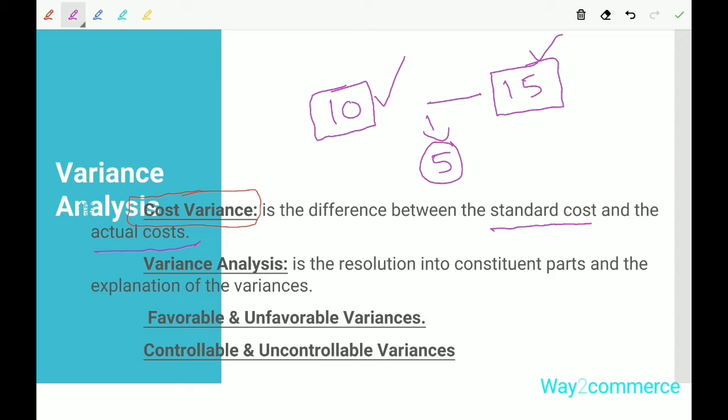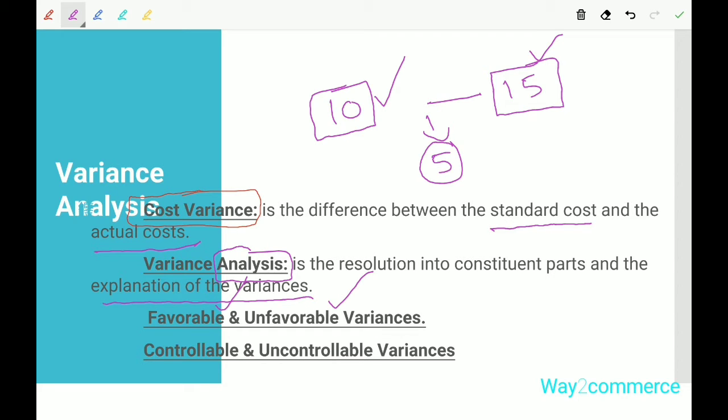Next, variance analysis. Why the variance occurred? It is the analysis. Variance analysis is the resolution into constituent parts and the explanation of the variances, because it may be price variance, usage variance, mix variance, etc. The variance may be favorable or unfavorable.